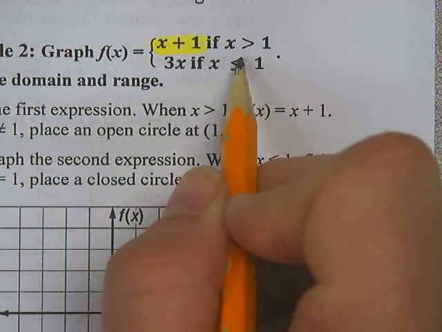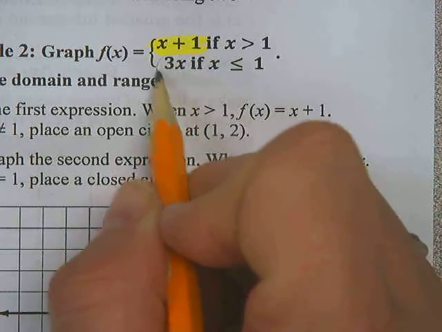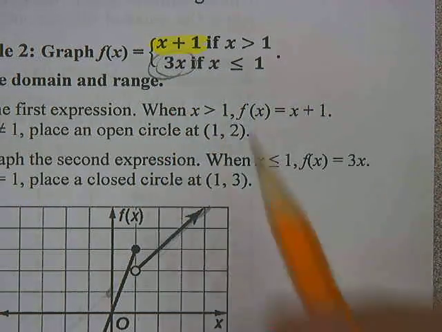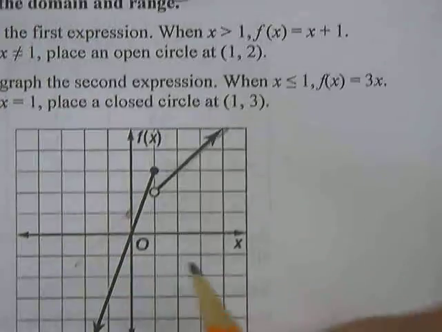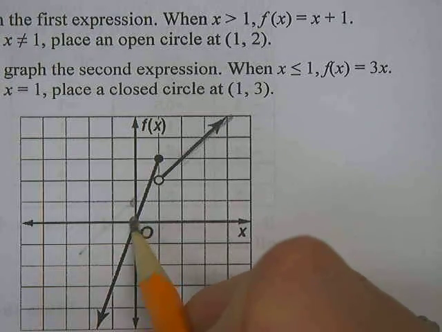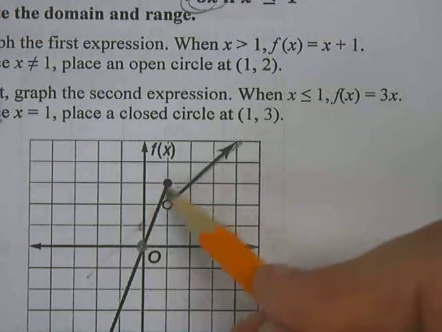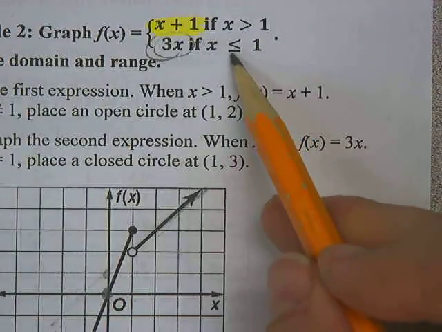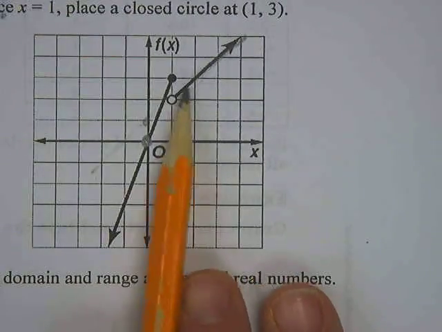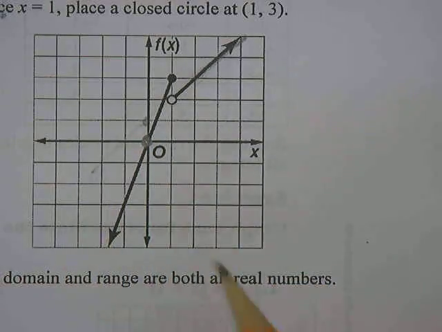After that, when x is less than or equal to 1, the function is y equals 3x. Well, y equals 3x has a y-intercept of 0, and it has a slope of 3. So that's graphed right here, but that's only for values of x that are less than or equal to 1.